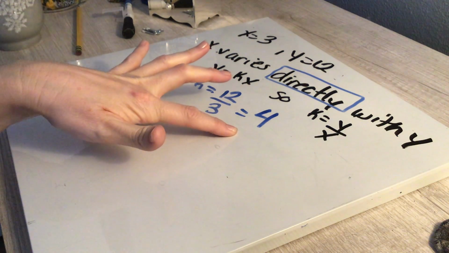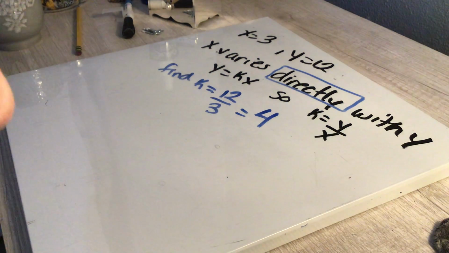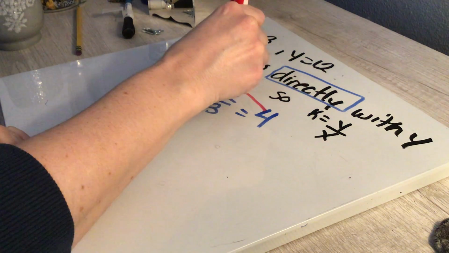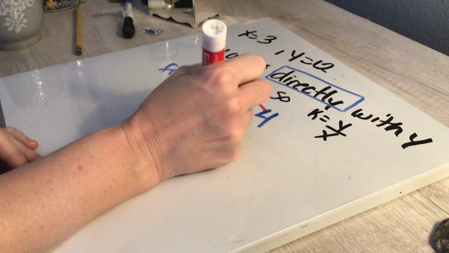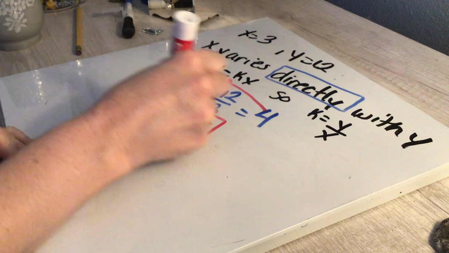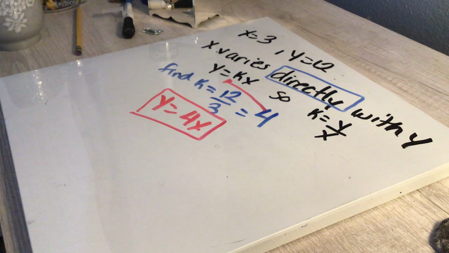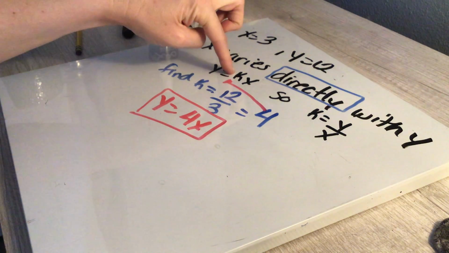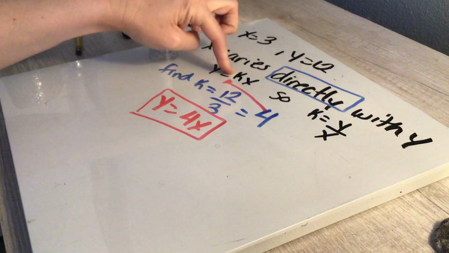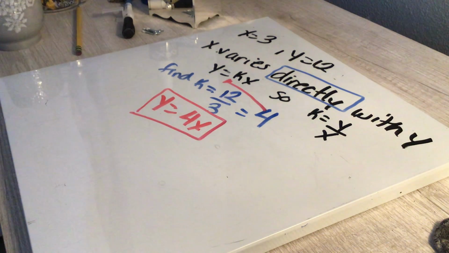So then to get your equation, you go back and take your value for k and plug it in, and then we can say y equals 4x, because it's direct variation. So we found k, and then we plugged it in for k in our direct variation model, and we get our equation.